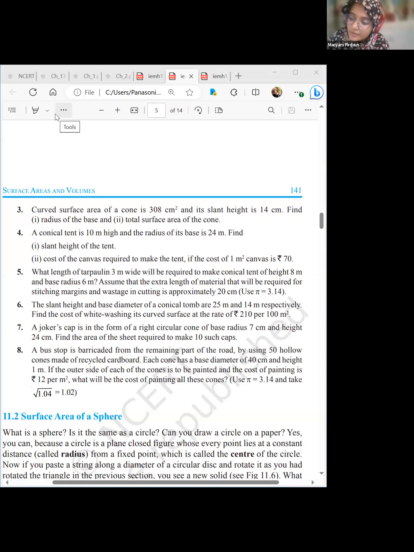Ma'am, L into B. Length of rectangle is equal to 188.4 divided by 3, right? 62.8 I am getting.